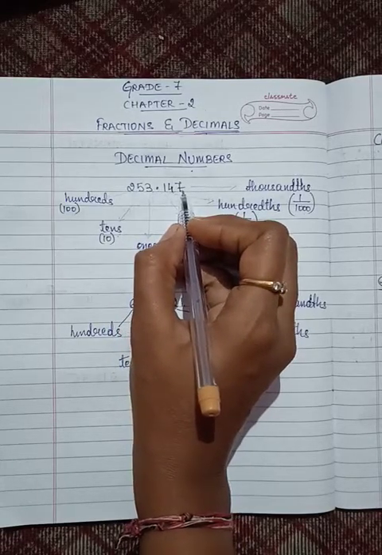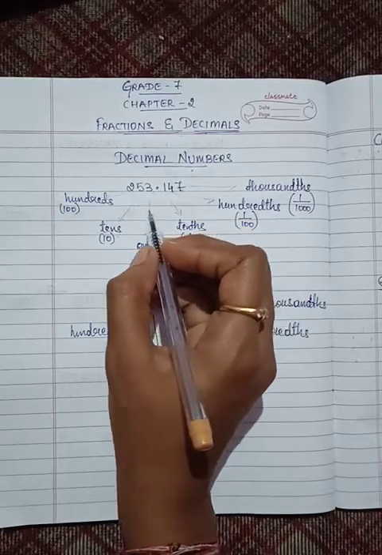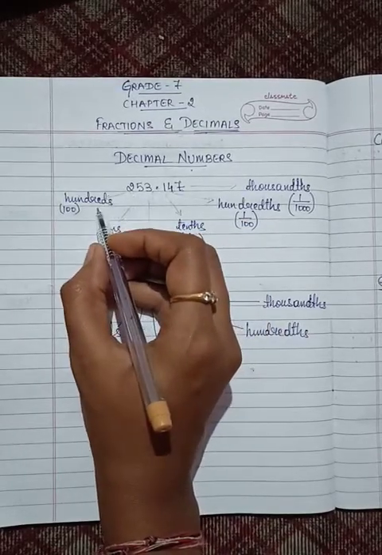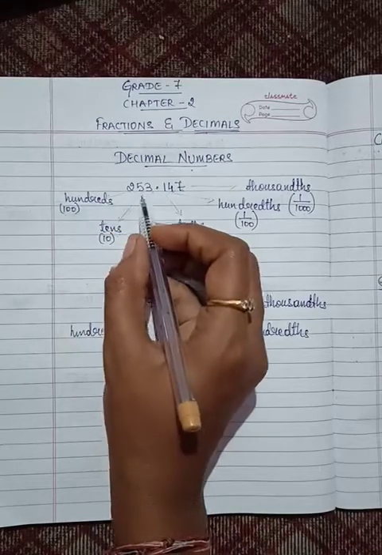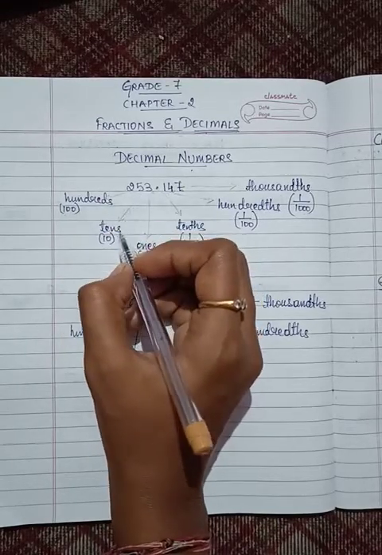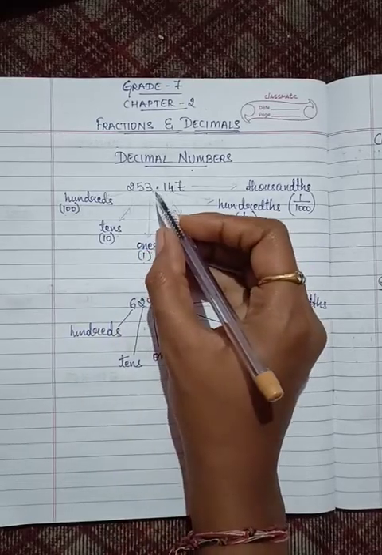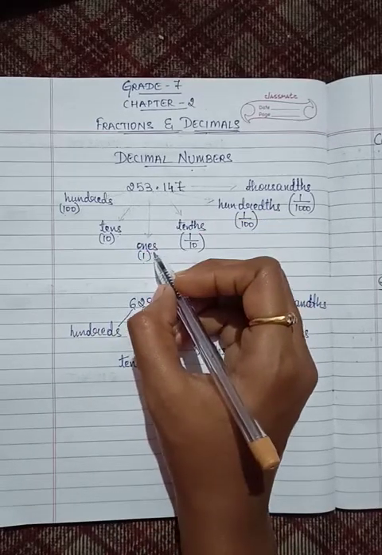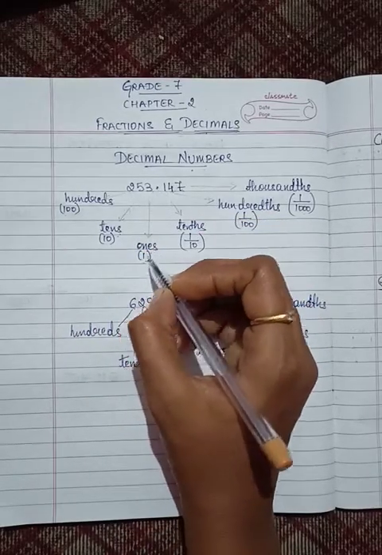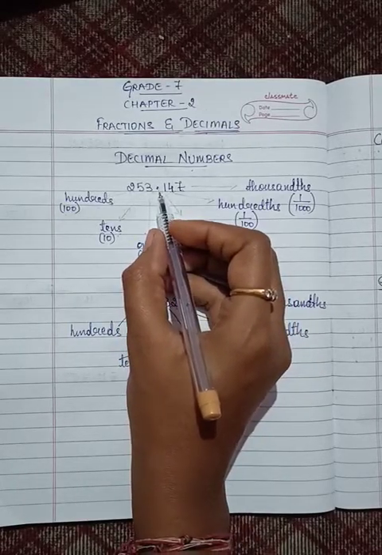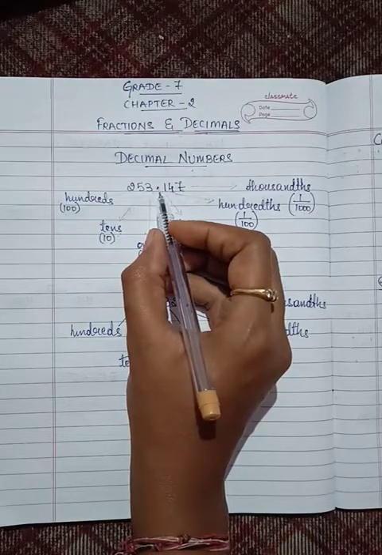253.147. Coming to the place values, 2 is in its hundreds place, denoted by 100. 5 is in its tens place, denoted by 10. 3 is in its ones place, denoted by 1. And after the decimal point, there is slight change in the names of the place values.